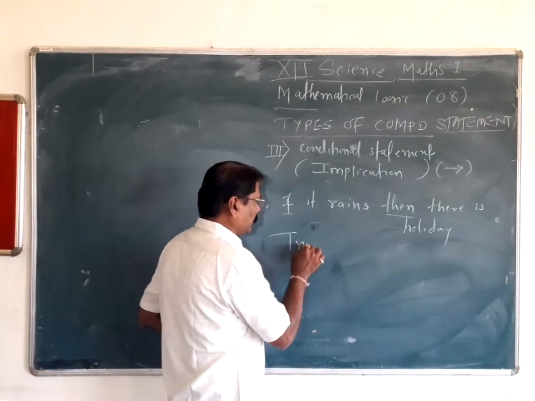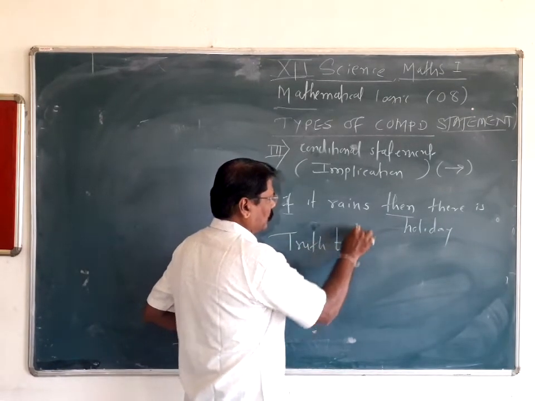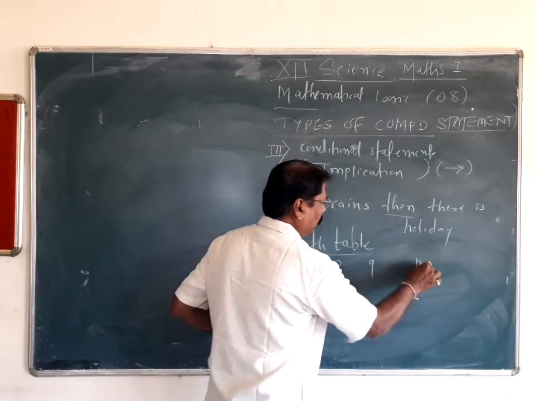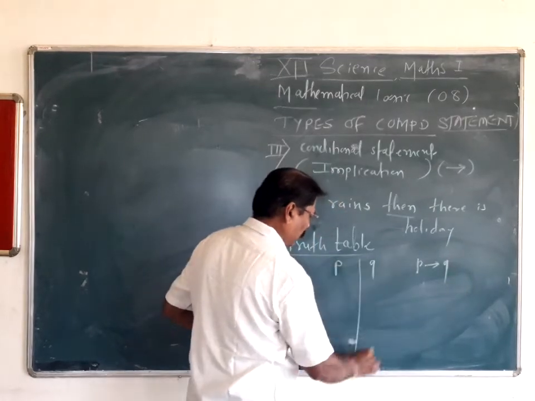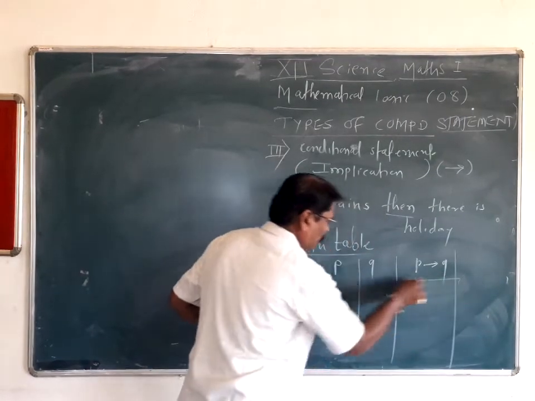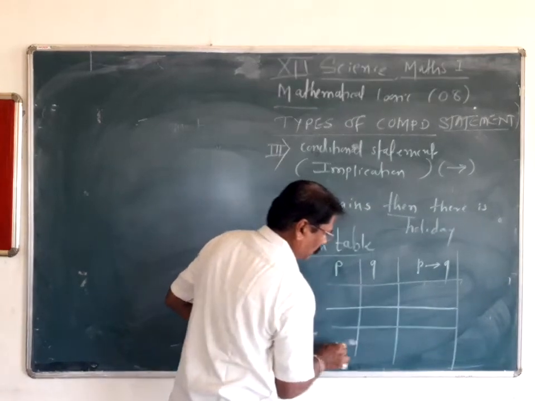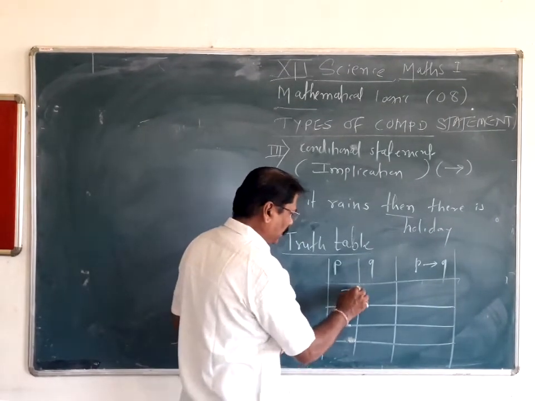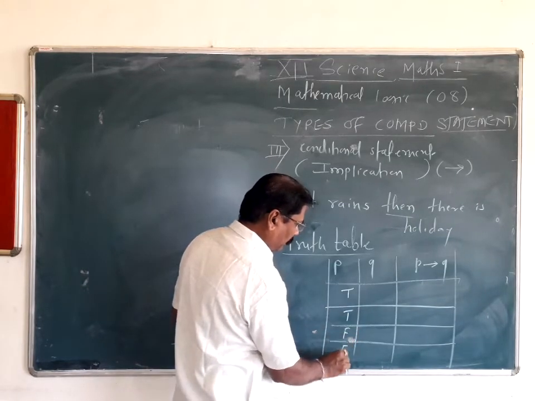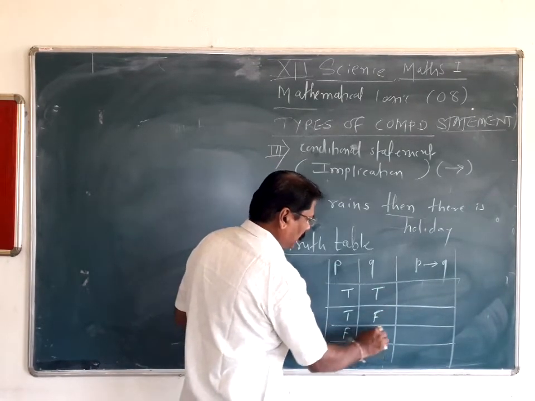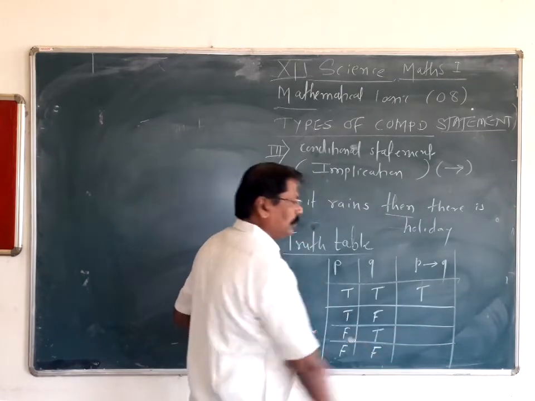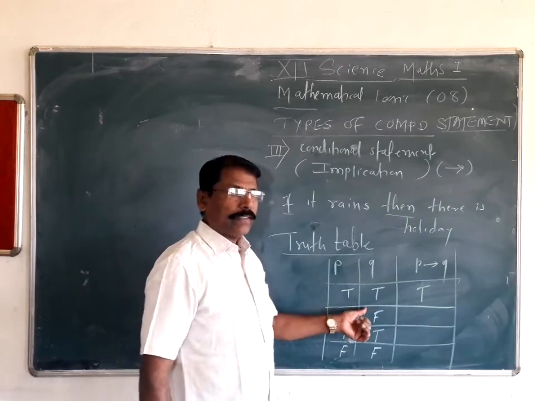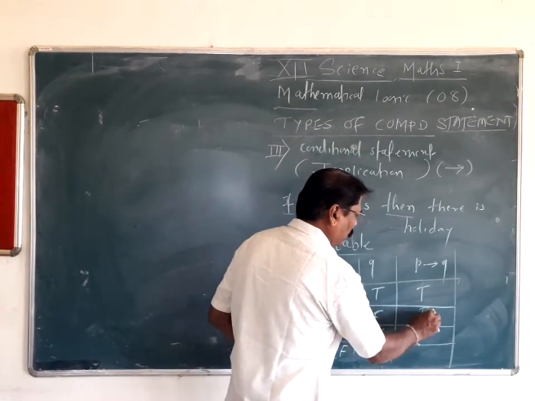Truth table. P, Q, P implies Q. Since it is a condition: T, T, T; T, F, F; F, T, T; F, F, T. If the condition is true and the consequent is false, then the whole statement is false.